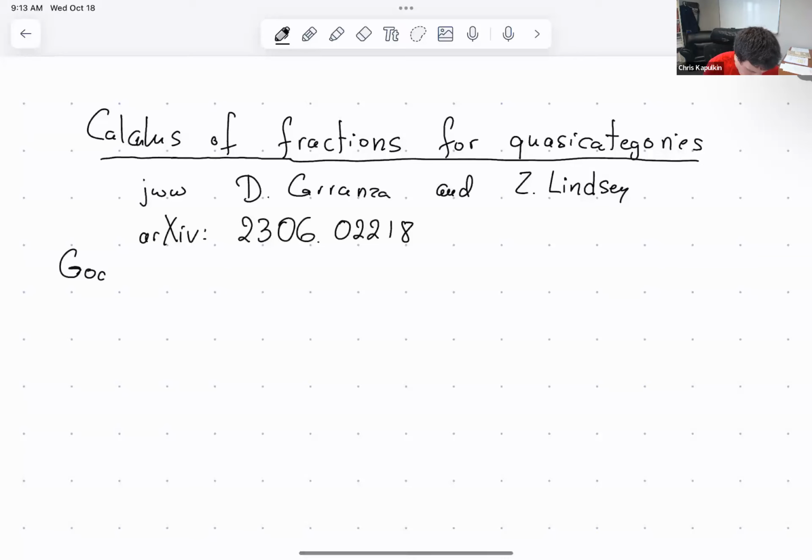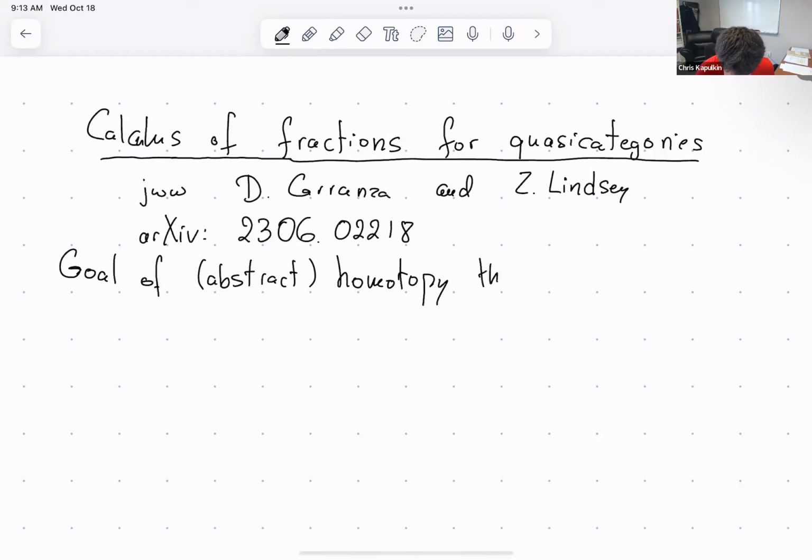Okay, so let me start by talking about what I love to talk about, which is what is the goal of homotopy theory. And for me, homotopy theory, as anything else, is always abstract. So I'm going to talk about the goal of abstract homotopy theory. Okay.